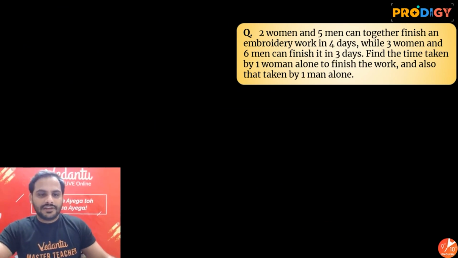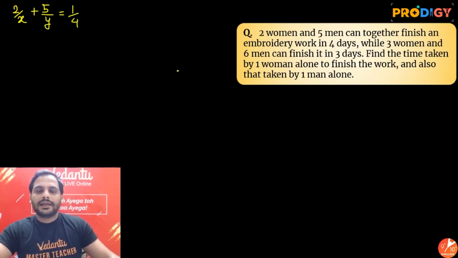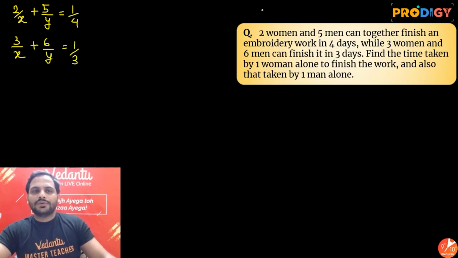So we have 2 by x plus 5 by y is equal to 1 by 4, and the next equation, 3 by x plus 6 by y is equal to 1 by 3. I can replace 1 by x with a and 1 by y with b.